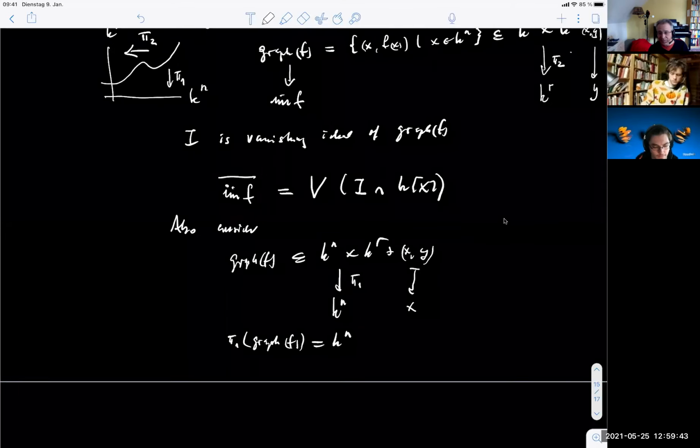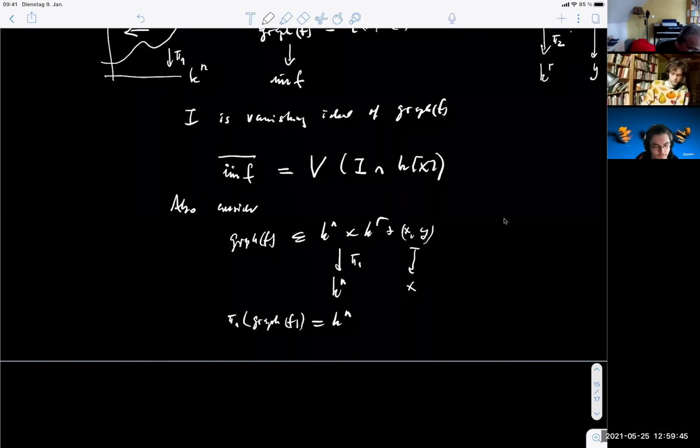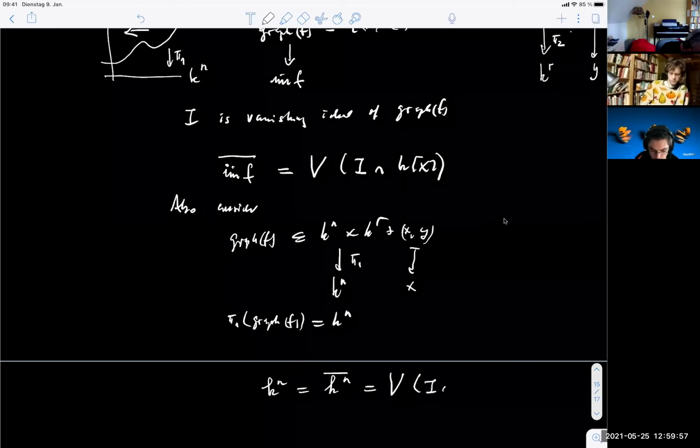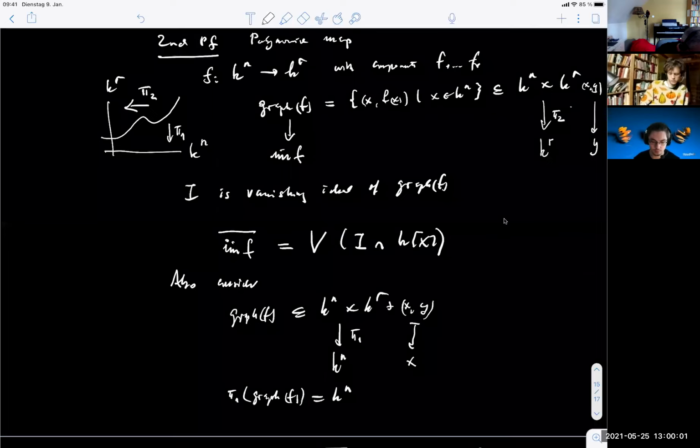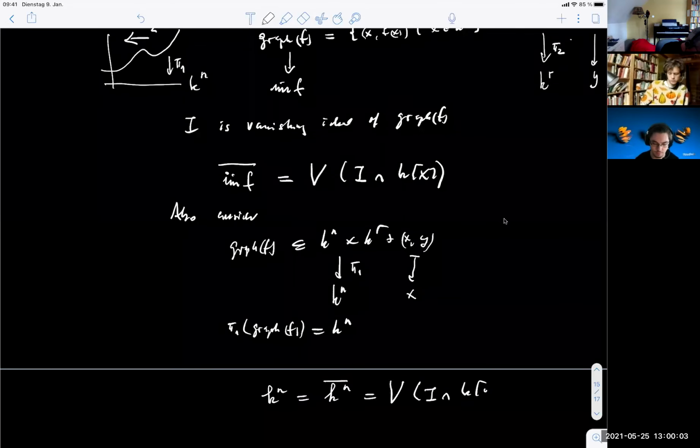And I apply the general principle, the theorem. The theorem tells me that the Zariski closure of K^n, which of course is just K^n, is the zero set of I intersected with this. Sorry, nobody complained, but I made a mistake here. This should be y.